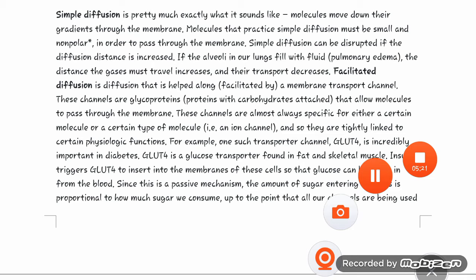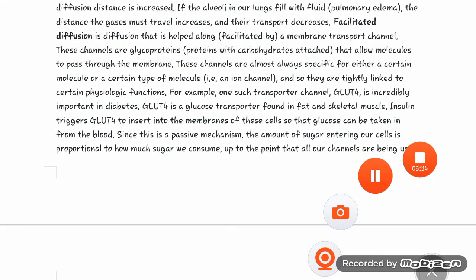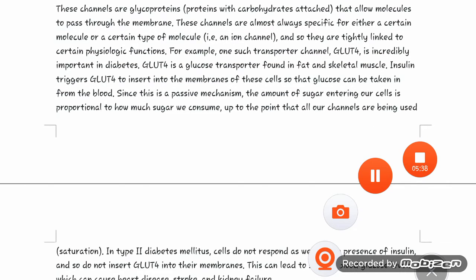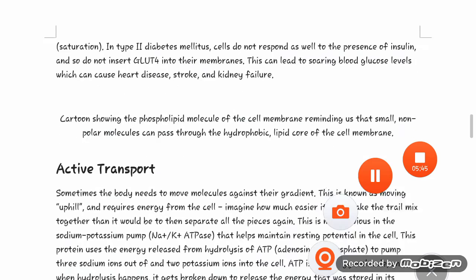For example, one such transporter, GLUT4, is incredibly important in diabetes. It is a glucose transporter found in fat and skeletal muscles, in which insulin triggers this transport system to be inserted into the membrane of the cell.